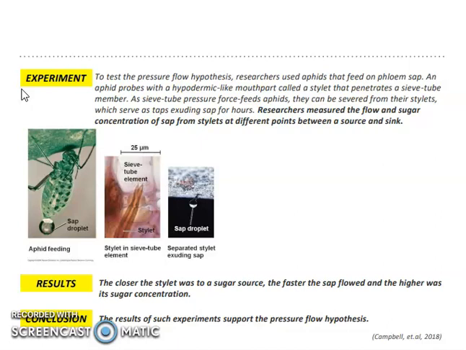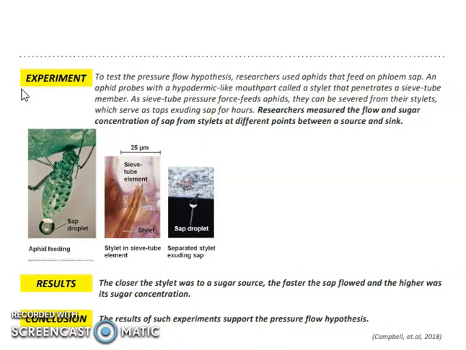The procedure for the experiment: the first step, the aphid uses its stylet to tap into the phloem. Next, the aphid body is cut from the stylet after the stylet is inserted into the phloem. The third step, phloem sap continues flowing through the stylet. Then analyze the sap for solutes or carbohydrate.